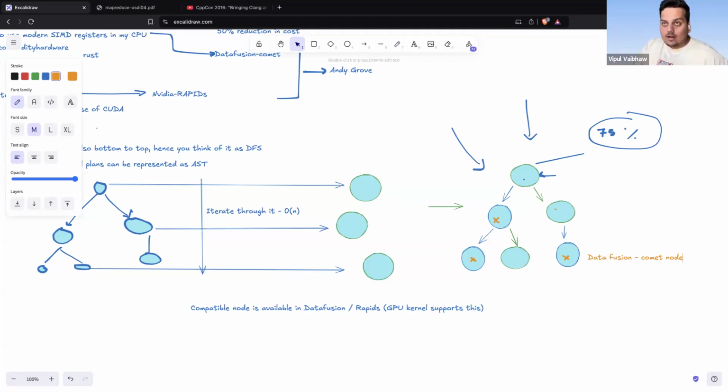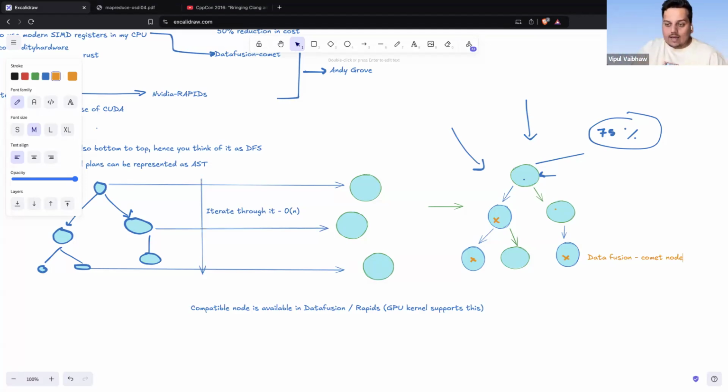Spark supports 3-digit years. So we, as a project, created a specialized node which will say that, hey, if the plan is going to be executed in the Data Fusion executor, let me handle this inside Rust like this. Because one node cannot be executed in JVM and another in Rust, right? The whole thing will either be executed in Rust, or the whole thing can be executed in JVM.